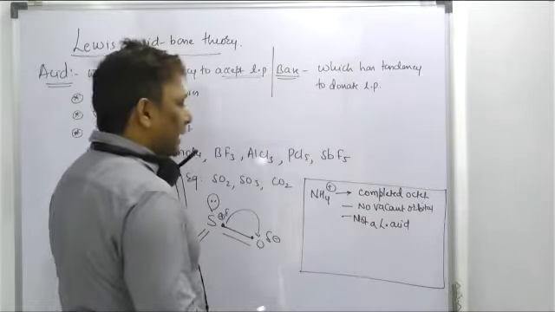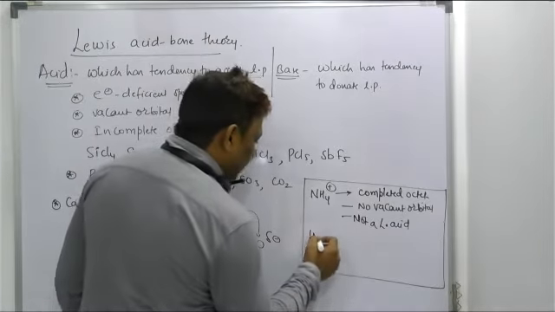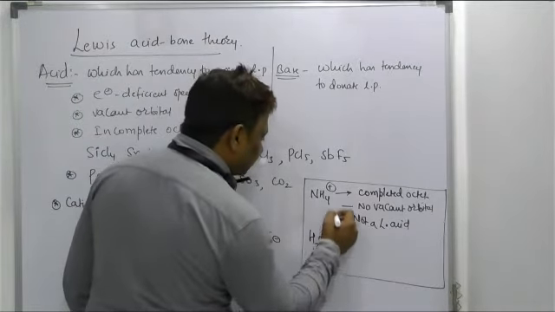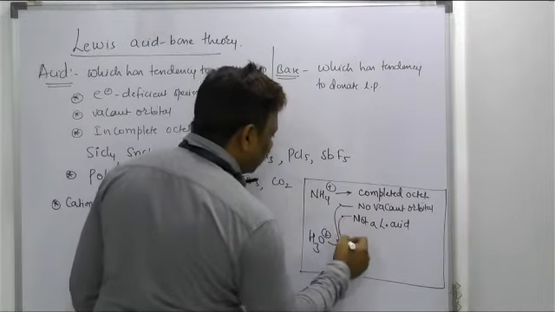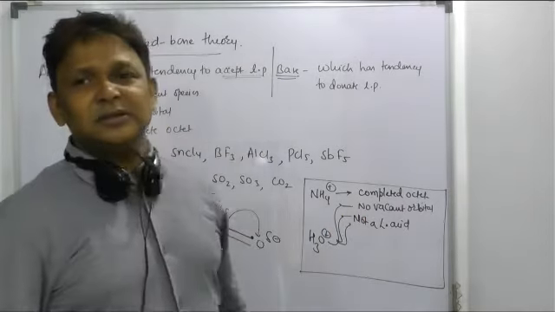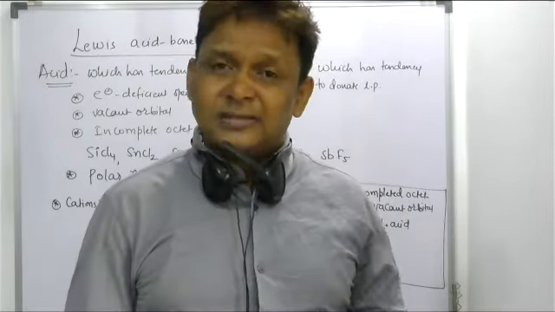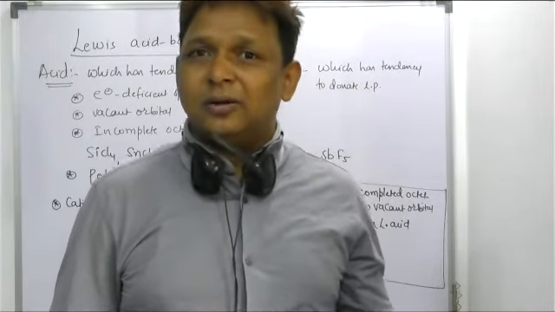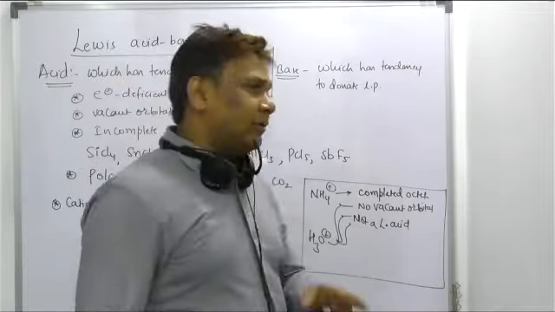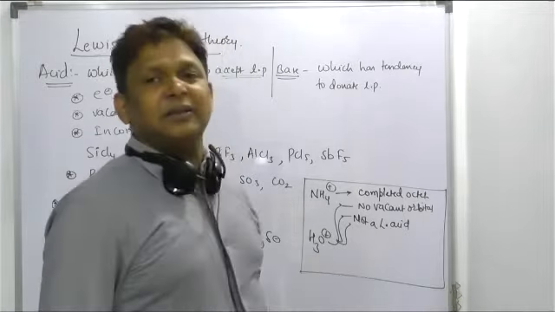Same way, hydronium ion, beta. Example of this one is same and same, because the central atom oxygen has a completed octet as well as no vacant orbital. Got the point? Completed octet, no vacant orbital cannot be a Lewis acid.